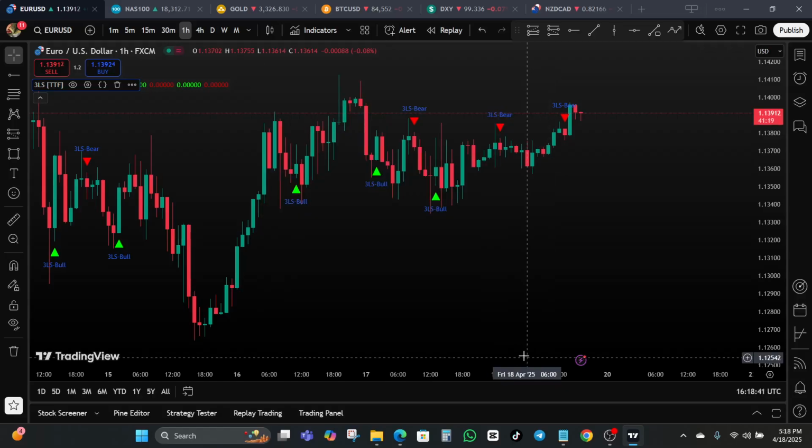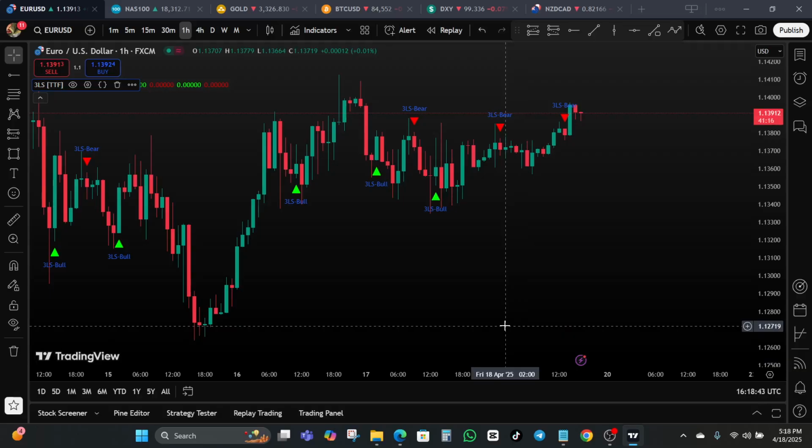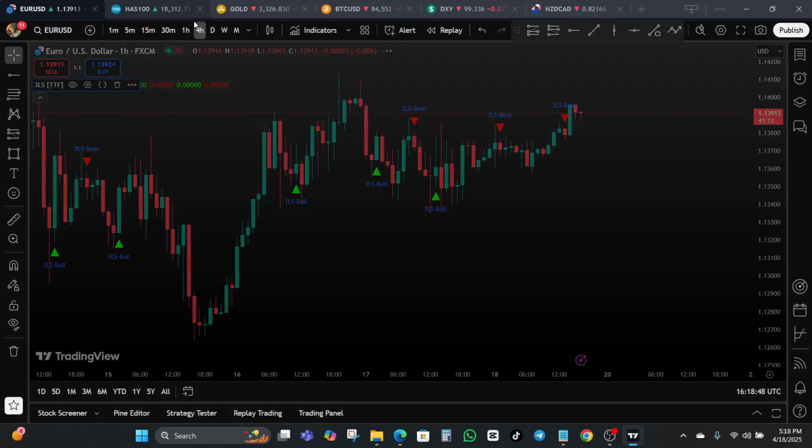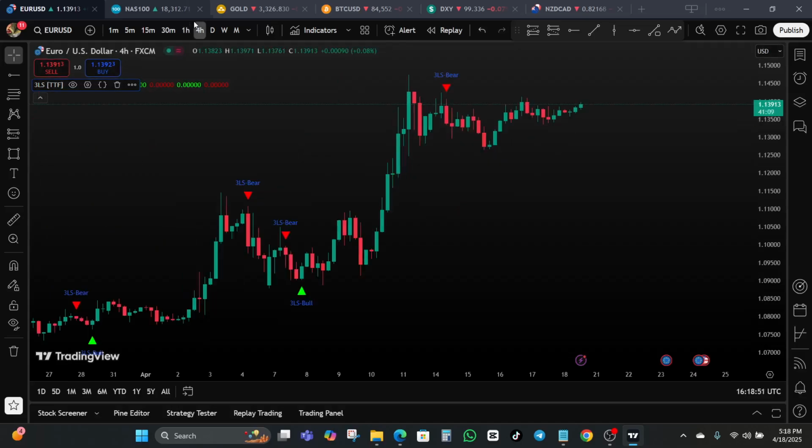Then for the time frames, the three-line strike pattern works best on higher time frames like the 1-hour or the 4-hour charts, but you can also use it on shorter time frames for scalping or day trading. After the indicator is on your chart, look for the three-line strike pattern to form. It will typically show up as a strong bullish or bearish signal based on the color of the candlesticks.